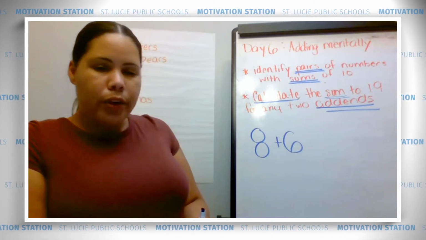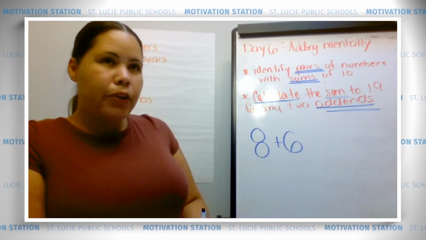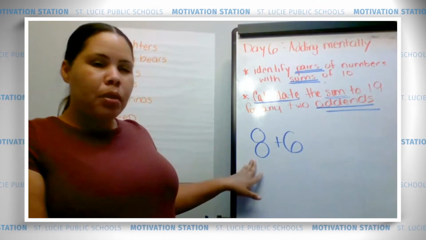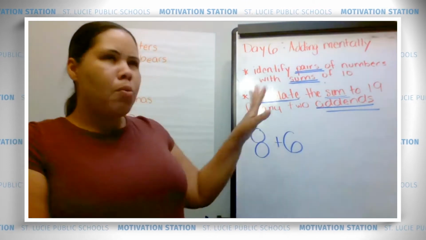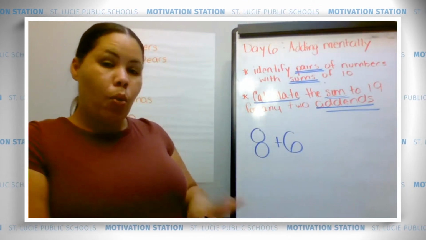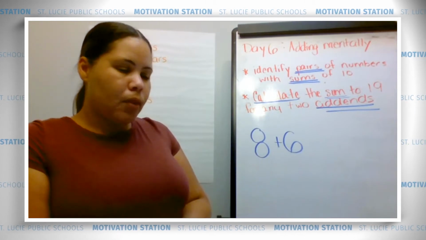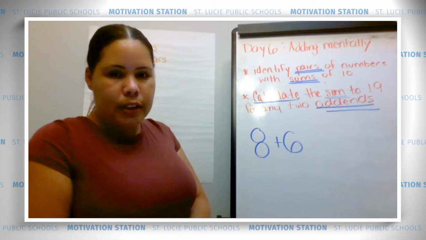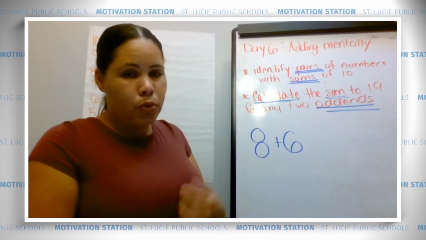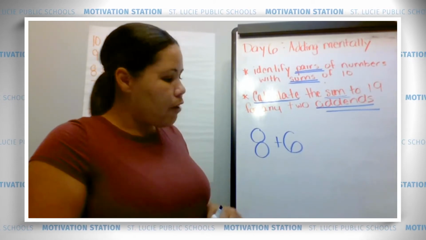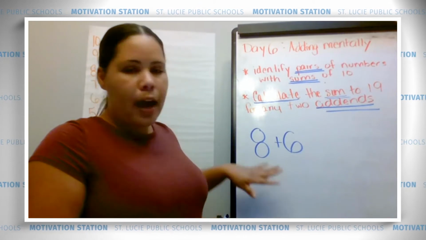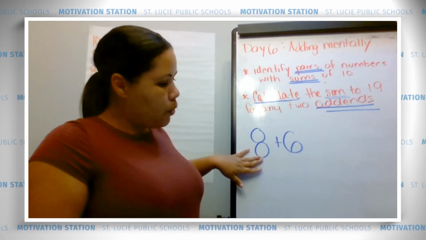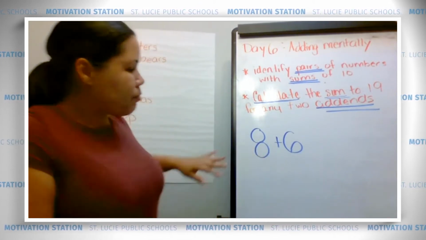Are you thinking about that 10 frame in your mind and how if you plugged in 8 into your 10 frame, what you would need to be 10 or have spillover? Well, when the sum of two numbers is greater than 10, I do a few things. First, I figure out how much to add to this first number to make 10.